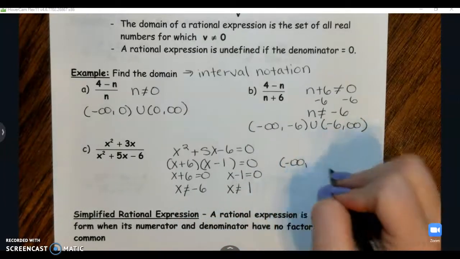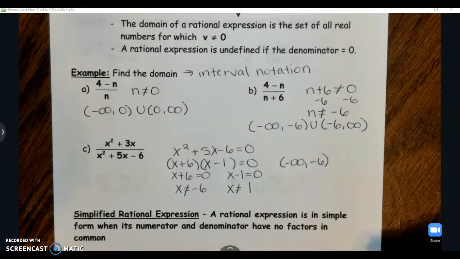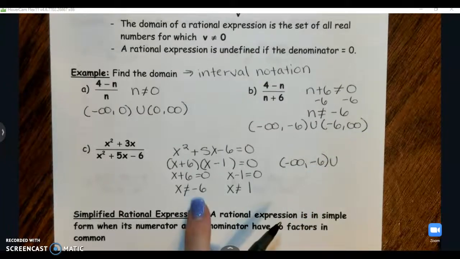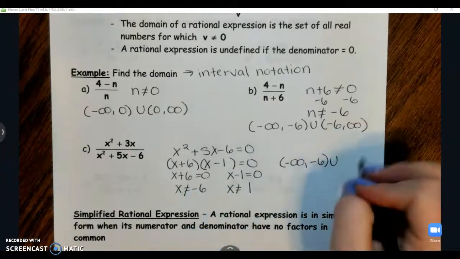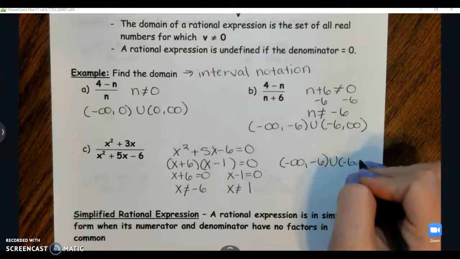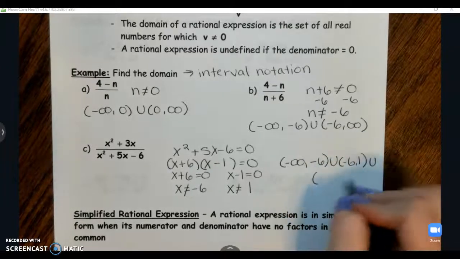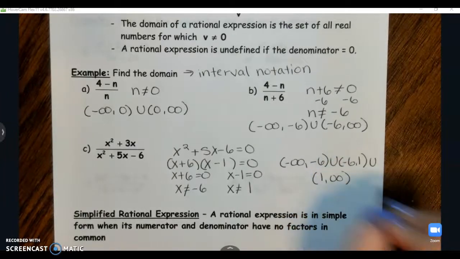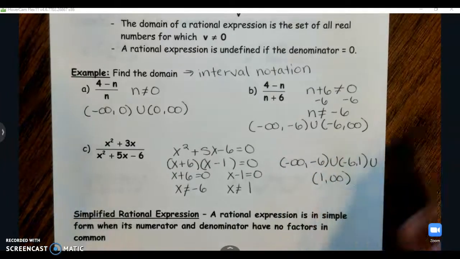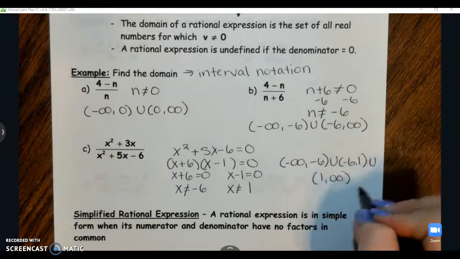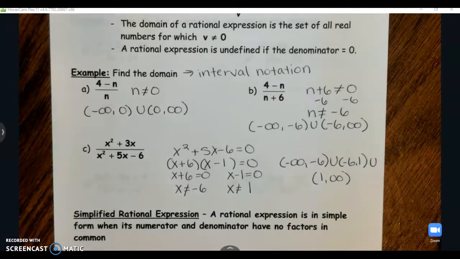So we're going to be able to go from negative infinity to negative 6. Then we're going to be able to go to all the values in between the two. Again, still smallest to greatest. So from negative 6 to 1. And then I can go from 1 to positive infinity. So we have 3 different intervals here, and we're going from smallest to largest.